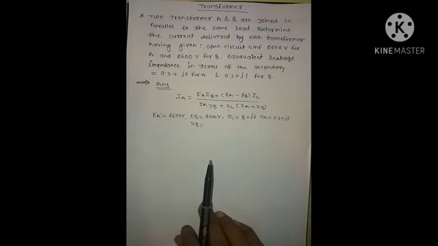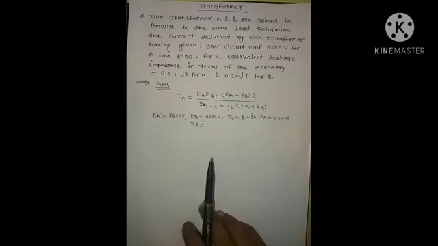To solve this numerical, we use the formula IA equals EA ZB plus (EA minus EB) ZL, upon ZA ZB plus ZL (ZA plus ZB).